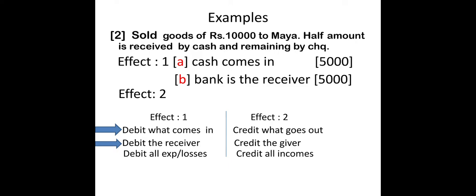Goods goes out. Yes. So in effect number 2, we can write goods goes out. Okay, so this is how we can combine more than one rule in one effect. In effect number 1, you can see there are two sentences: cash comes in and bank is the receiver. So it is possible, students, these types of transactions we can manage.